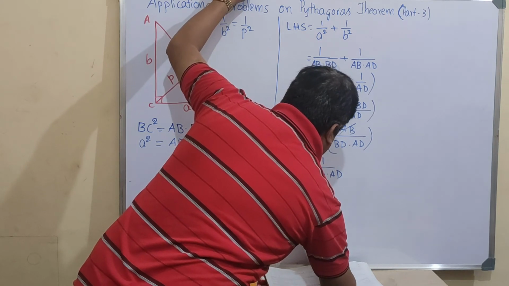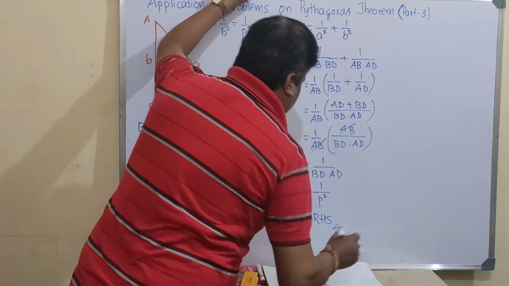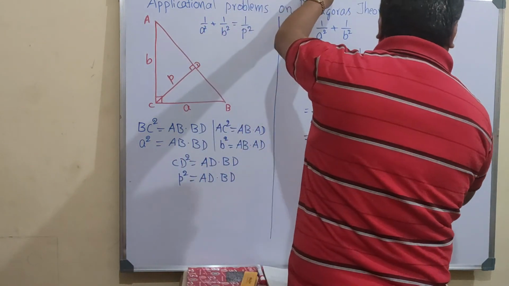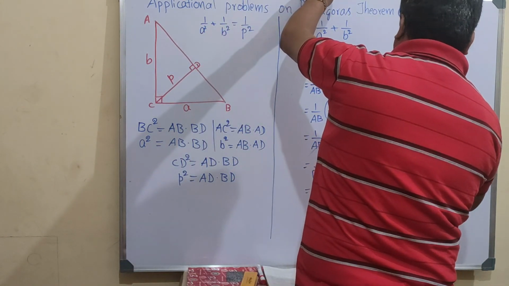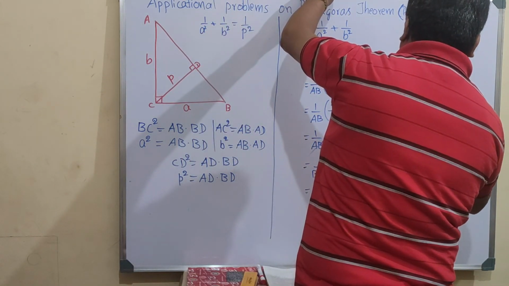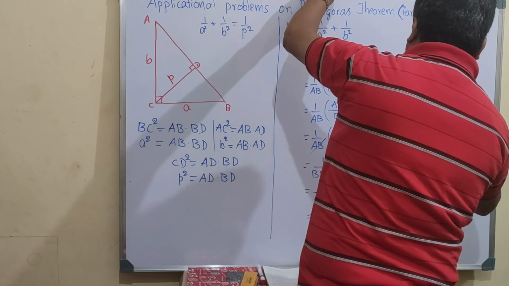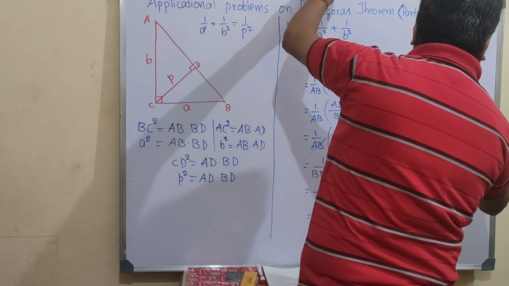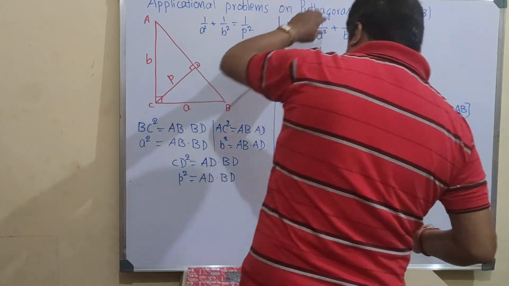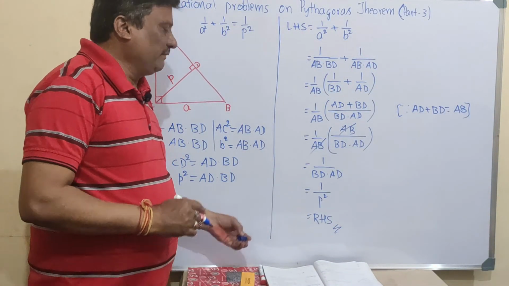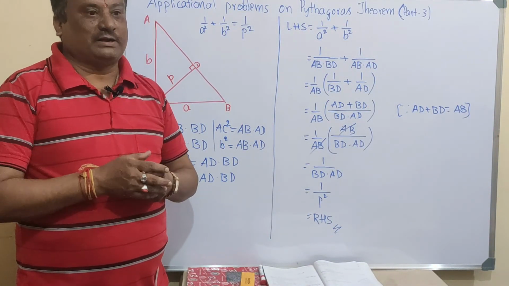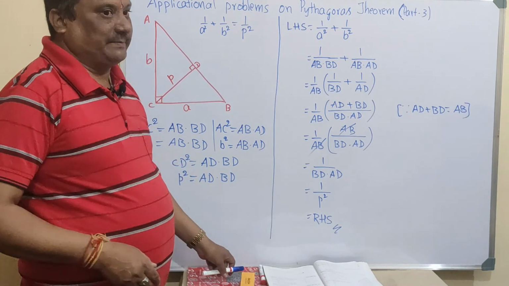That is nothing but RHS. Here, since AD plus BD is equal to AB. So it is a very important question for the board examination.